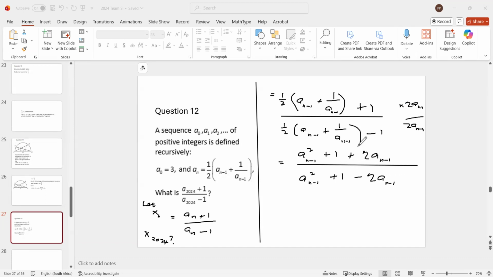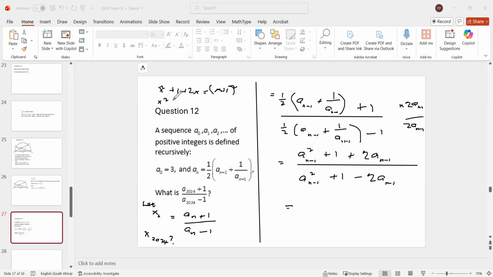Okay. Now, if you examine this carefully, you'll see you've got something like x squared plus 2x plus 1. See? X squared plus 2x plus 1 is a good friend of ours. It's really x squared plus 1 plus 2x, which is nothing else but x plus 1 all squared.